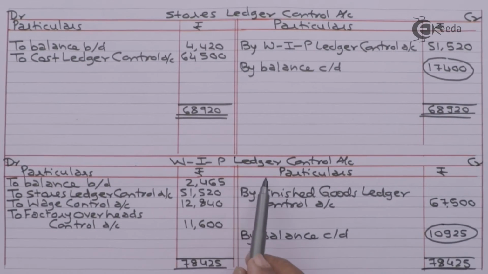Work in progress ledger control account. We are getting a balancing figure on the credit side, 10,925. This is closing stock. It will be carried to the trial balance.